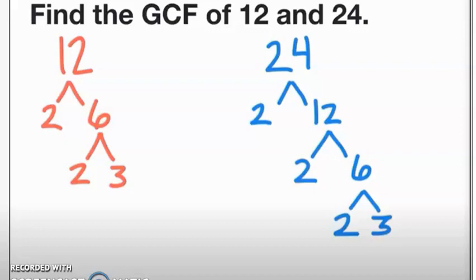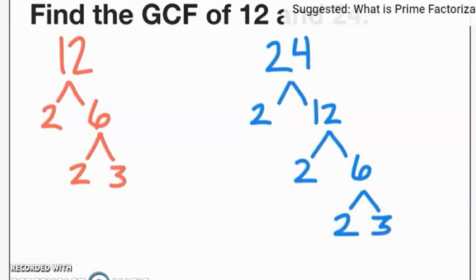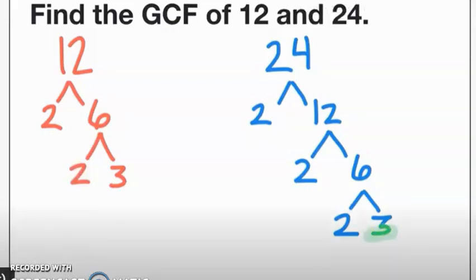The next thing we're going to do is look at the factors that are in common to both trees. Now you can circle them. I'm going to highlight here for this example so we see that we have some numbers that are in common. The numbers that we can start with that are in common are 3 and 3.